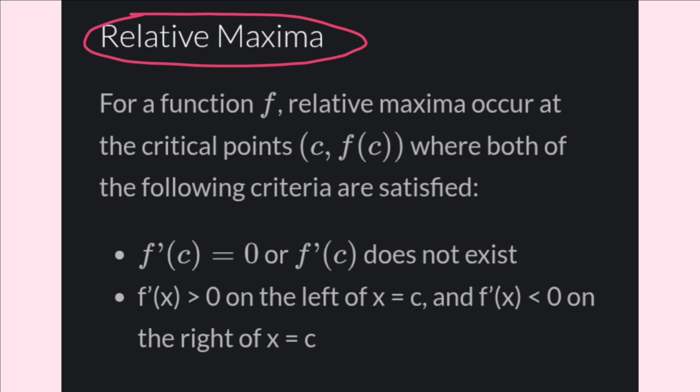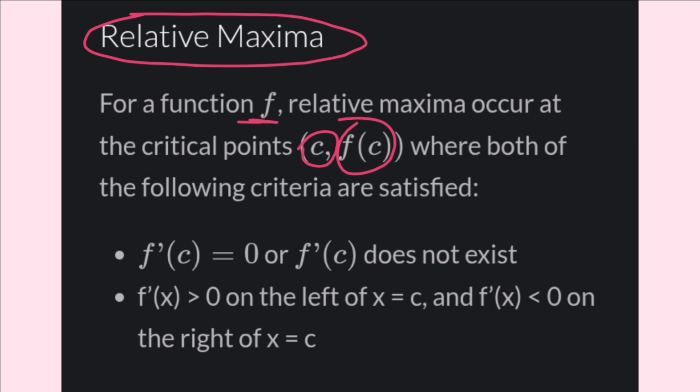For a function f, relative maxima occur at points whose first coordinate is c and second coordinate is f of c, where both of the following criteria are satisfied.